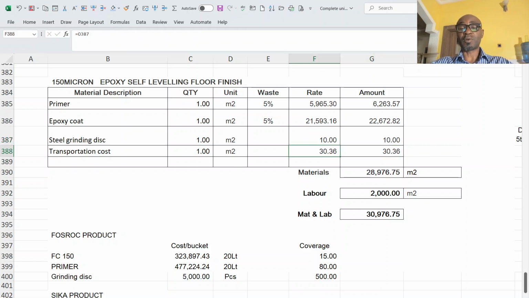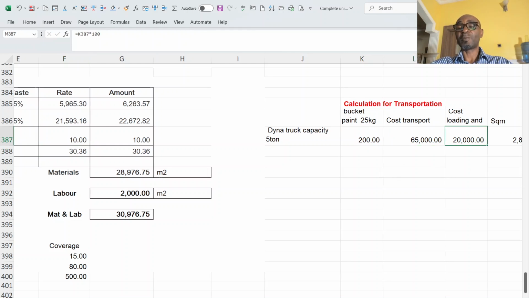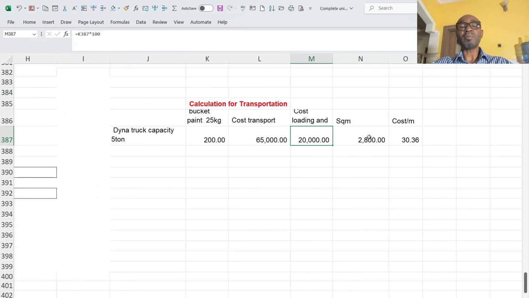Then the transport, of course, my 5-ton Dyna can take 200 buckets, and this is the cost for loading and offloading. The total square area for the 200 drums, since each drum can cover 14 square meter, will give you 2,800 square meter.